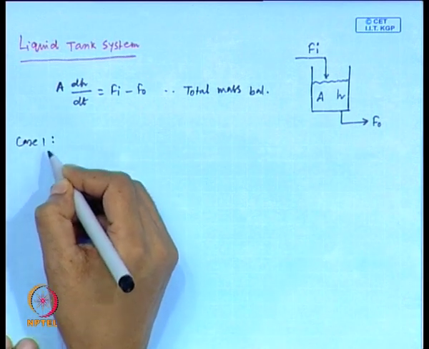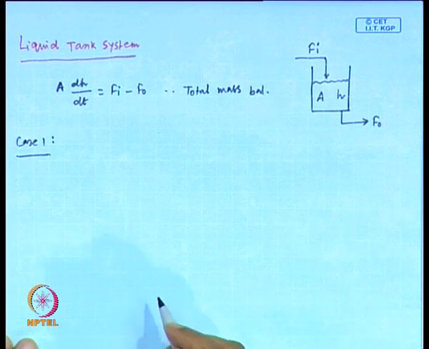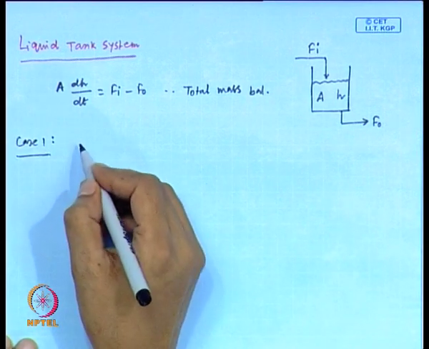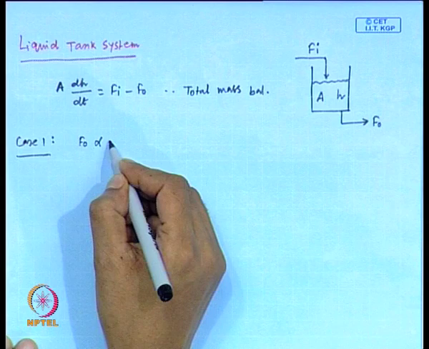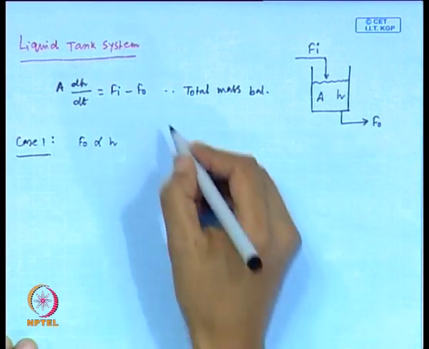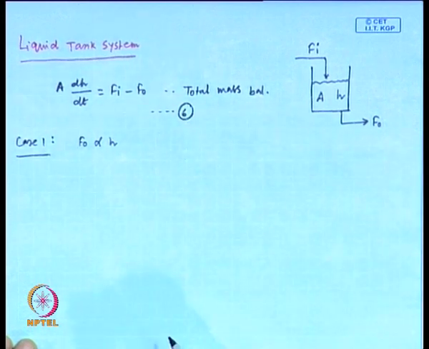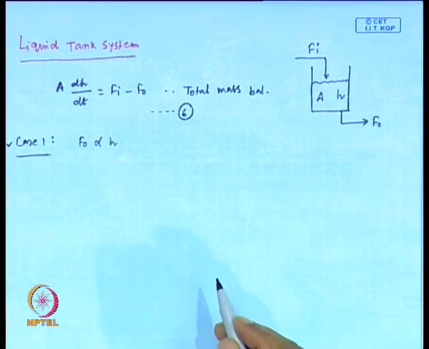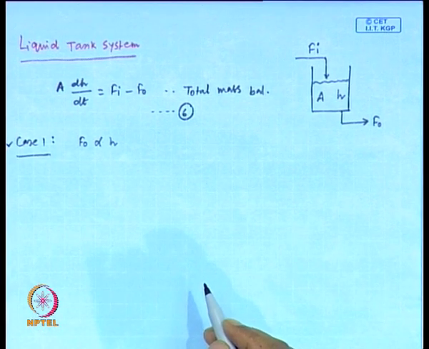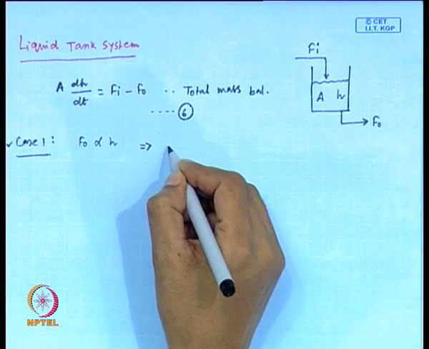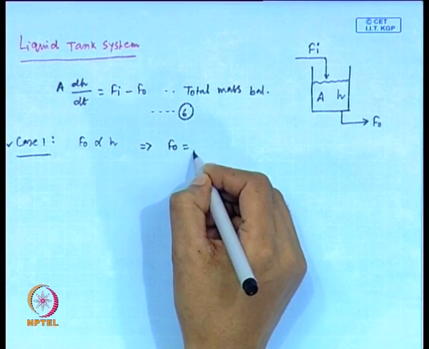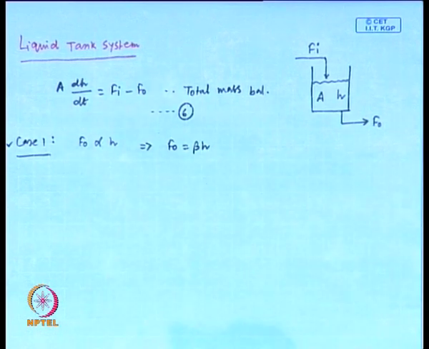In the first case, we will consider F naught is proportional to H. You give this as equation number 6. That means F naught equals beta H.